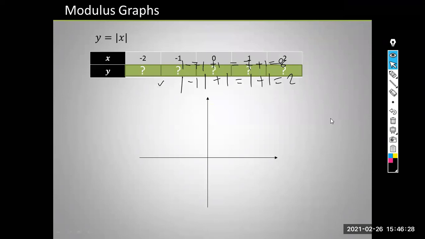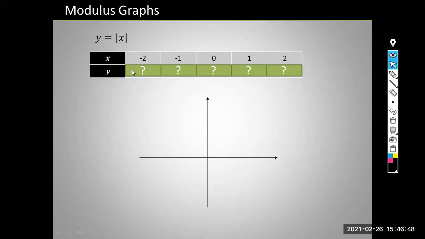Okay, so this one is for sketching the graph of the modulus function here. So the values of x are given: negative 2, negative 1, 0, 1, 2. You need to find the value of y. So what you do, you replace the value of x that is given here into this equation.